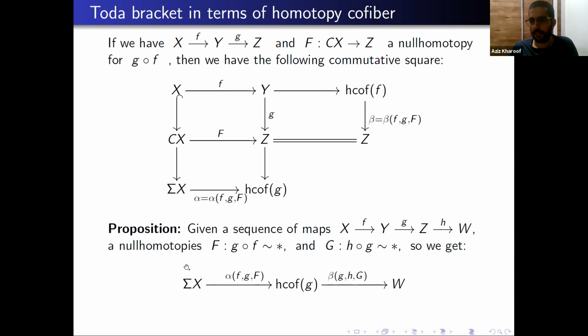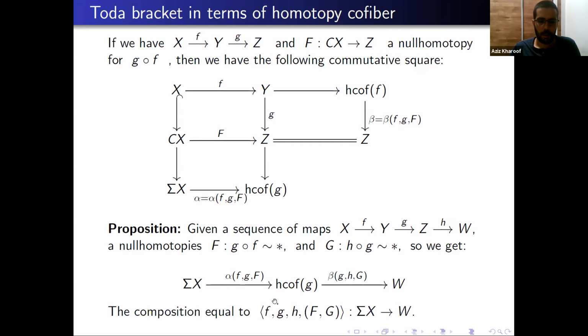One can prove that. It's easy to prove. The same Toda that we defined before. So this is another way to describe the Toda. We split this, but it's good because it will serve us to give a recursive definition later. So the proposition tells us that the composition between alpha and beta is the same Toda we defined before.